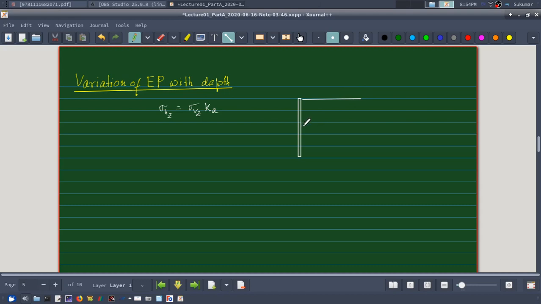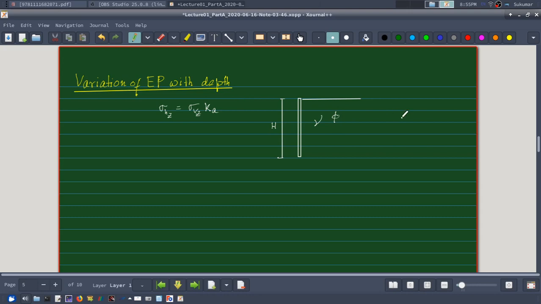Suppose it is a uniform backfill having the same unit weight gamma, and say this height is h, and my job is to find out how the earth pressure varies. It is a cohesionless soil, so the value of phi is given as phi.